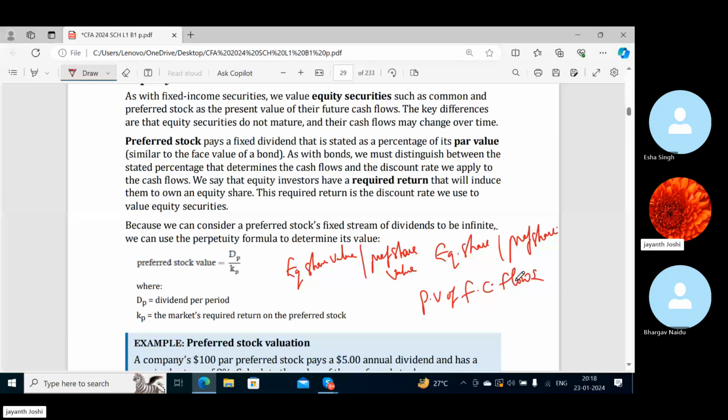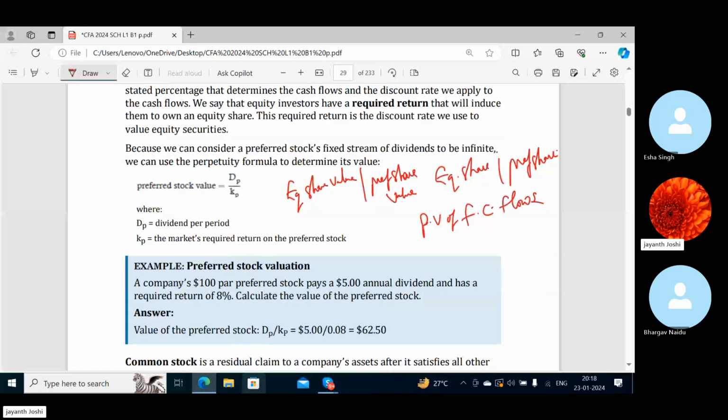What do you mean by present value of future cash flows? Whenever you buy a stock, the future payments you are going to expect are the dividend payments, of course. Year one, year two, year three, and so on. There is no maturity period for any of the stocks.